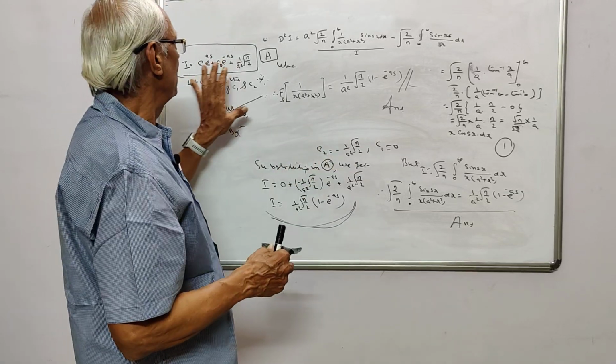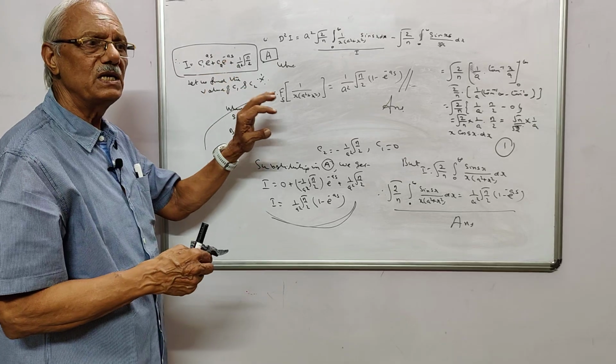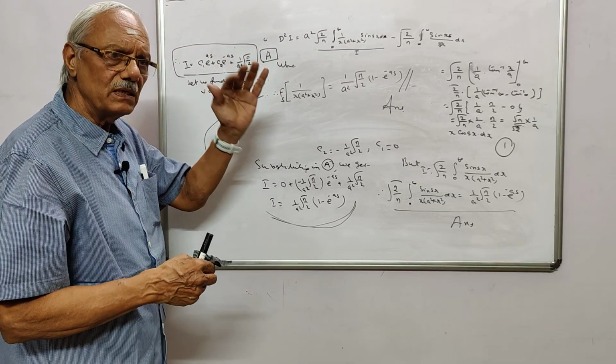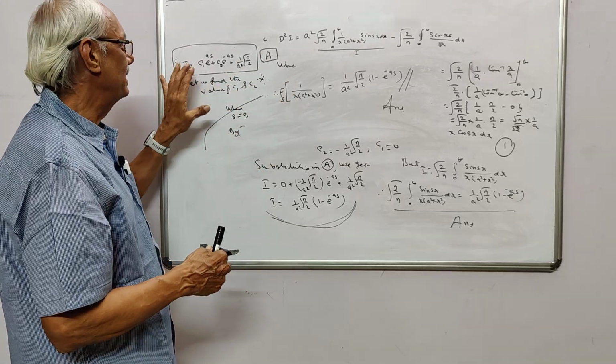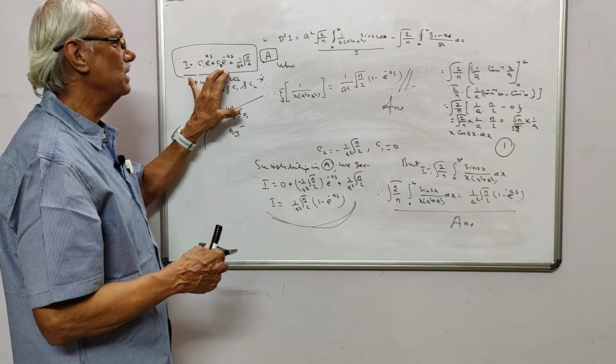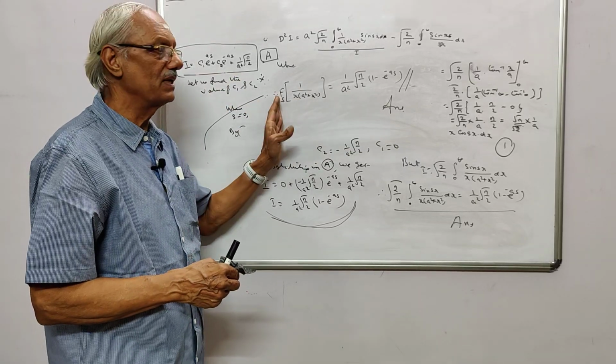You have to get the value of C1 and C2 by using s is equal to 0 in I and in dI by ds, and thereby you will be able to get the values of C1 and C2. Once you get them, you substitute and you will get the answer.